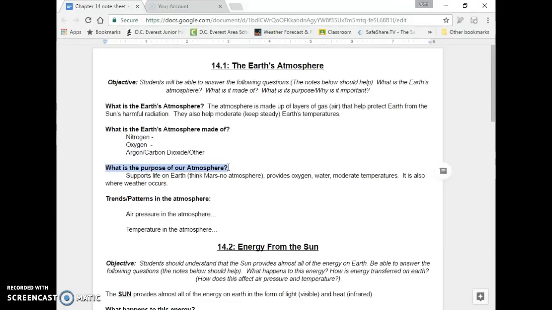Okay? Alright, so the trends, these are just a couple of generalizations here. Air pressure in the atmosphere is going to decrease as the altitude increases.